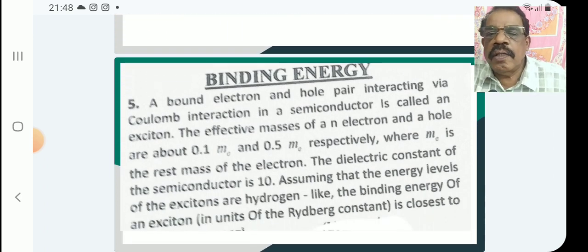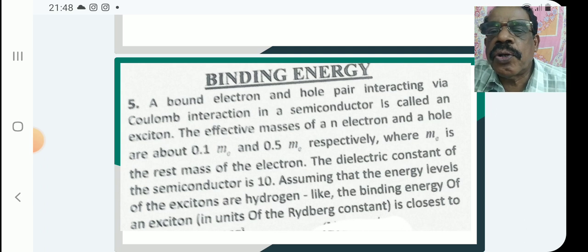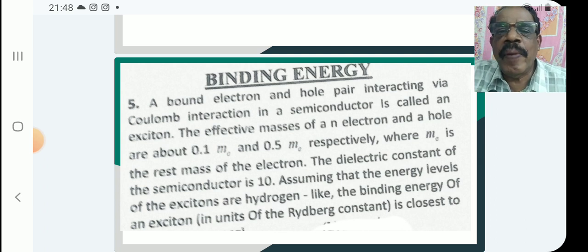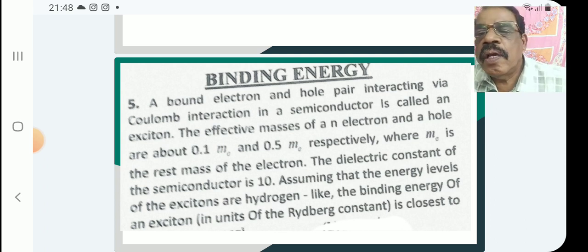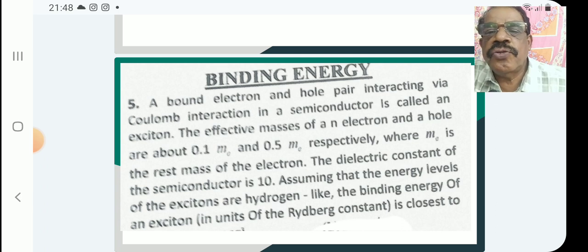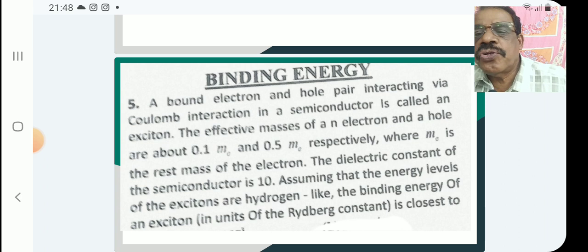Next is a binding energy question. A bound electron and hole pair interacting via Coulomb interaction in a semiconductor is called an exciton.